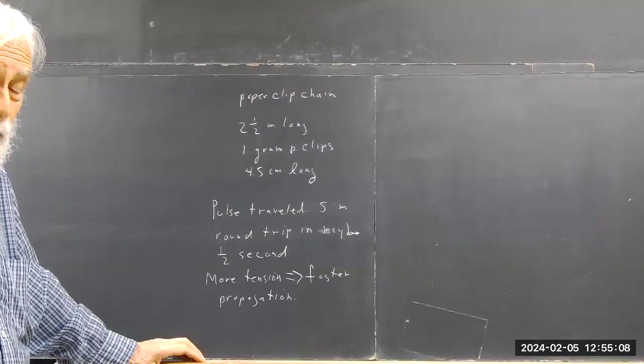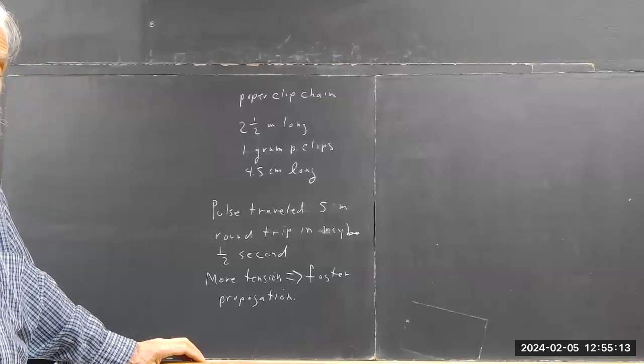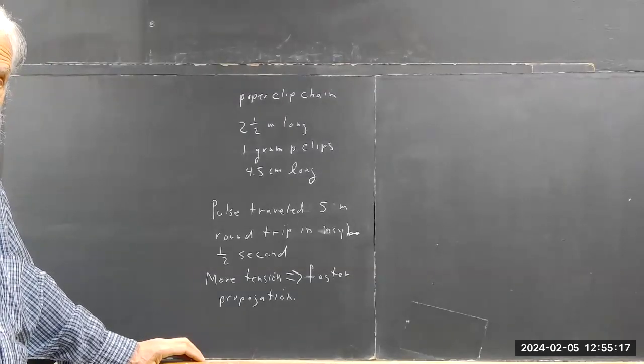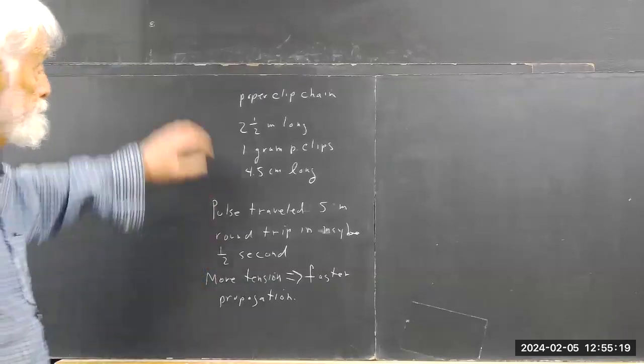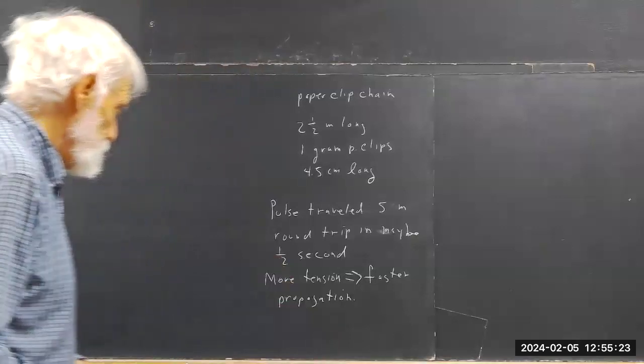Now, if we knew the exact amount of sag and did a little bit of fairly complicated calculus, we could determine something like the average tension in that chain. But we're not going to do that.